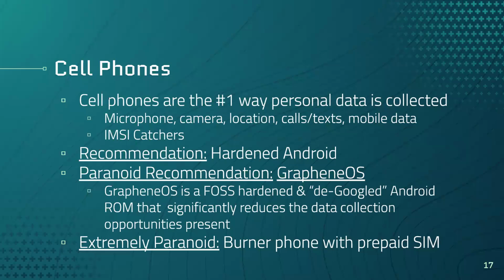Phones are basically tracking beacons, and they will automatically ping cell towers. They send out essentially discovery requests, and these IMSI or IMEI catchers can record those numbers sent out with those pings, which can be used to fingerprint your phone. And there's very little you can do to avoid that.